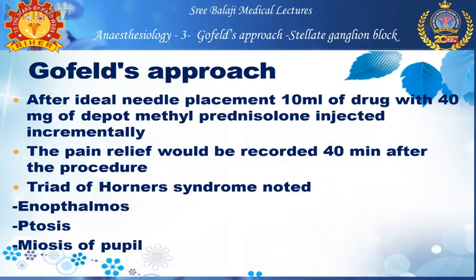After the ideal needle placement, which is between the fascia and the muscle, and ensuring the spread of the dye, we administer 10 ml of the local anesthetic along with 40 mg of depot methylprednisolone, and it should be injected incrementally after repeated aspiration. The pain relief would be recorded at the end of 40 minutes after the procedure, and we will look for the triad of Horner syndrome, namely enophthalmos, ptosis and miosis of the pupil.